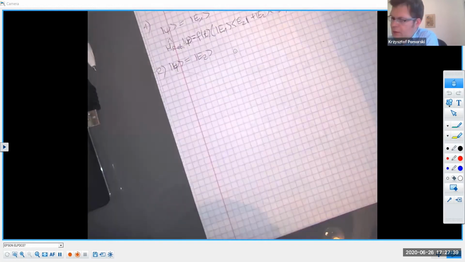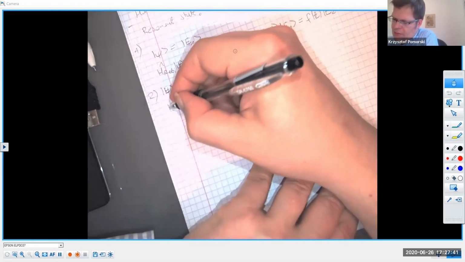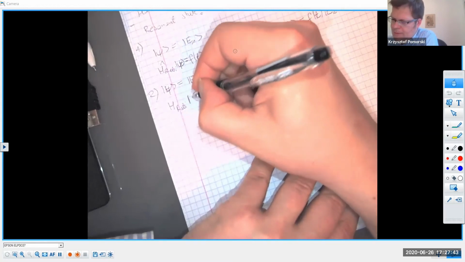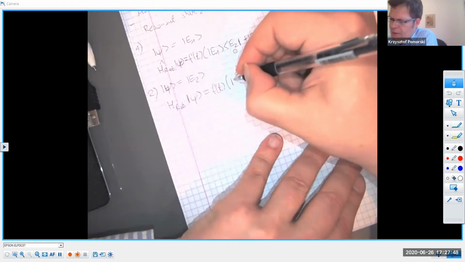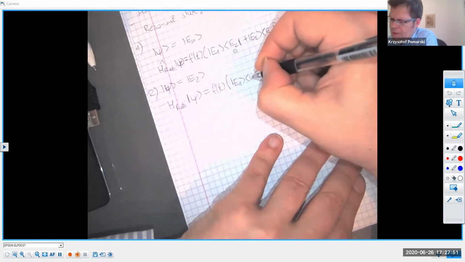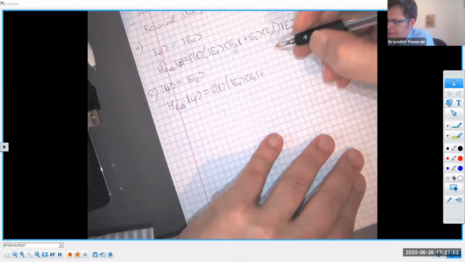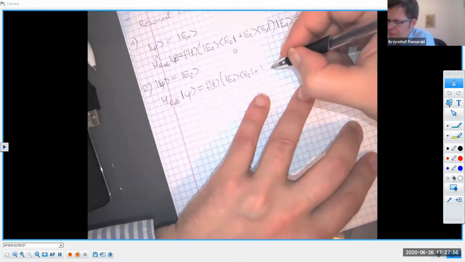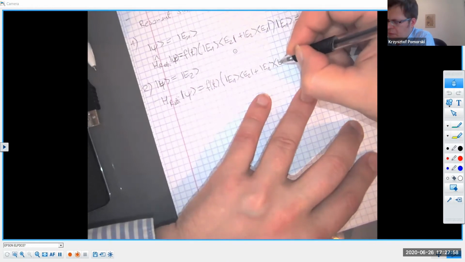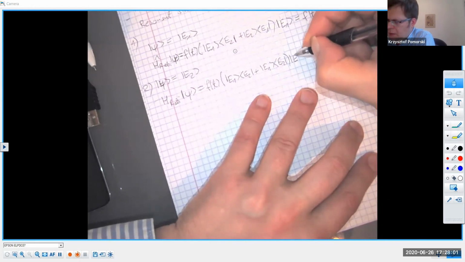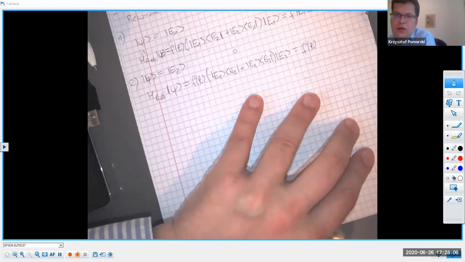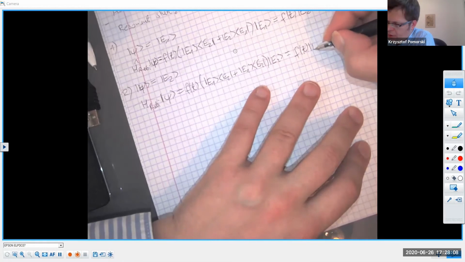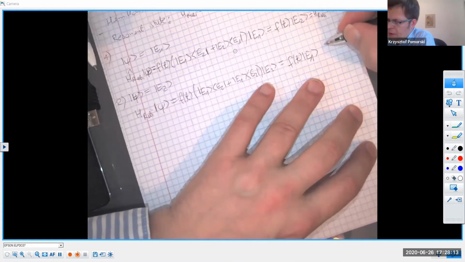What will happen when this term acts? f of t, yeah, and then the excited state is turned into the ground state.